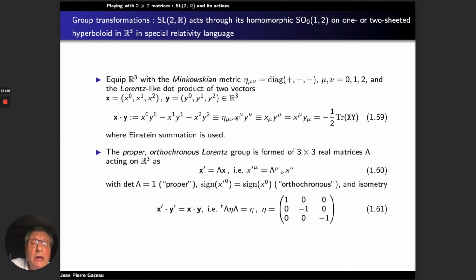That means when we repeat the index mu here and here, we make a summation on mu taking the values 0, 1, 2, and the same for nu. Because eta is diagonal, we get just x mu y mu. And this is equal to minus 1/2 of the trace of the product of the two matrices x, y.